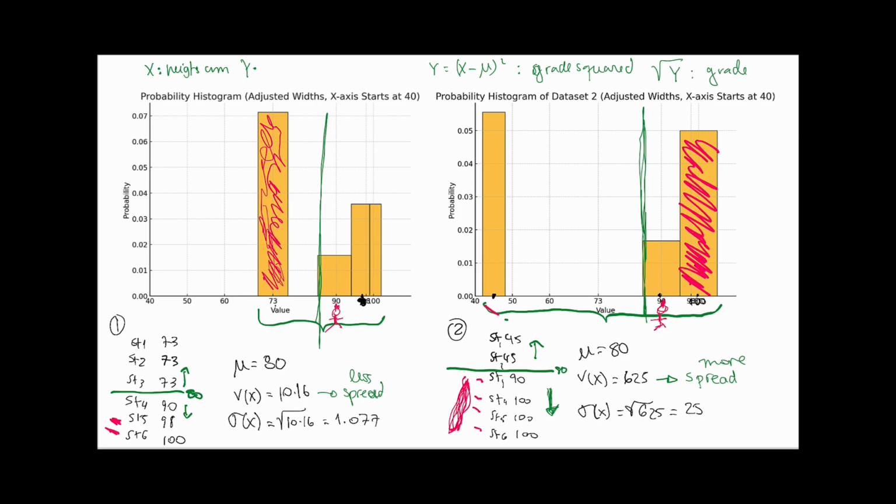Then when you create y, x minus a constant mu, let's say mu was 1.6, squared. The expected value of this y will have a unit of centimeter squared.